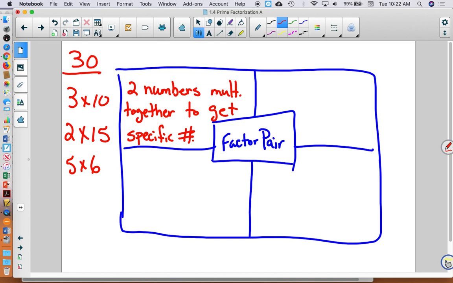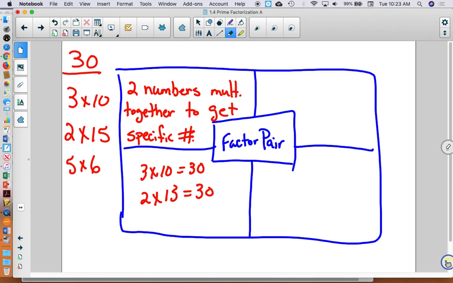And for examples, we could say 3 times 10 equals 30. 2 times 15 equals 30. And that looks like a 3 there because of the way I made my 5. Got it.